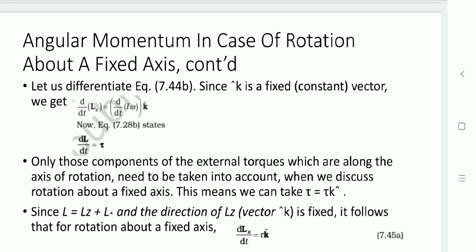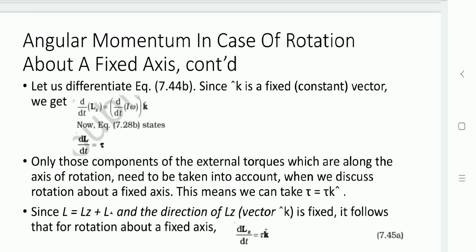So total angular momentum L equals Lz plus the L perpendicular component. Lz is along the vector k, which is fixed about the rotation. So dLz by dt equals tau k, and dL perpendicular component by dt equals 0.